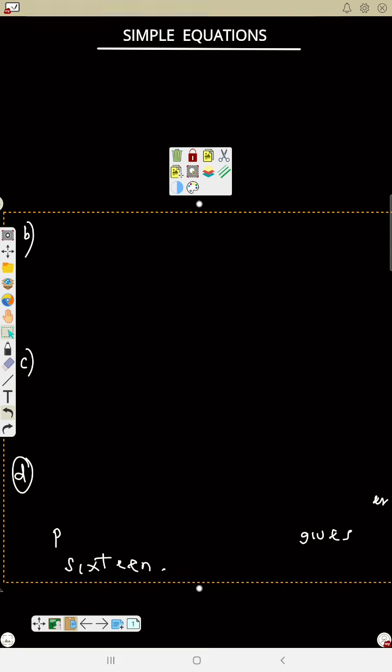So let's see more equations. Now can you interpret this for me? 5x plus 7 is equals to 37 means what?